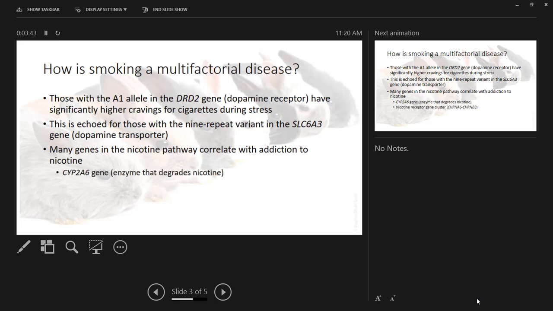And then, just to give you a couple of examples of genes, because, you know, you all want more genes that are just named with letters and numbers. CYP2A6 gene, which codes for an enzyme that degrades nicotine, that metabolizes nicotine. Individuals that have a mutation in this gene that makes it very difficult for them to metabolize nicotine are significantly less likely to become addicted to it.